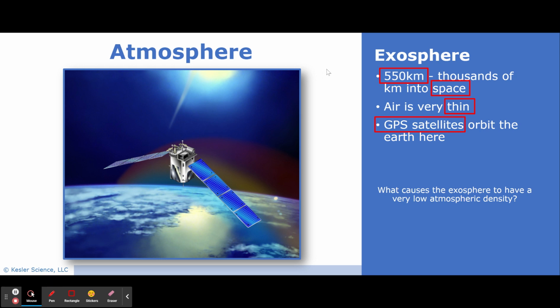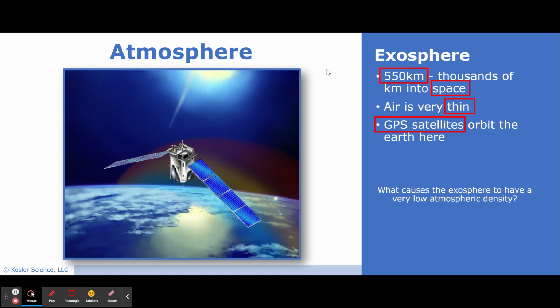Moving on to the exosphere, it is 550 kilometers, thousands of kilometers into space. So it's huge. The air is very thin. GPS satellites orbit the Earth here. Our question, what causes the exosphere to have very low atmospheric density?